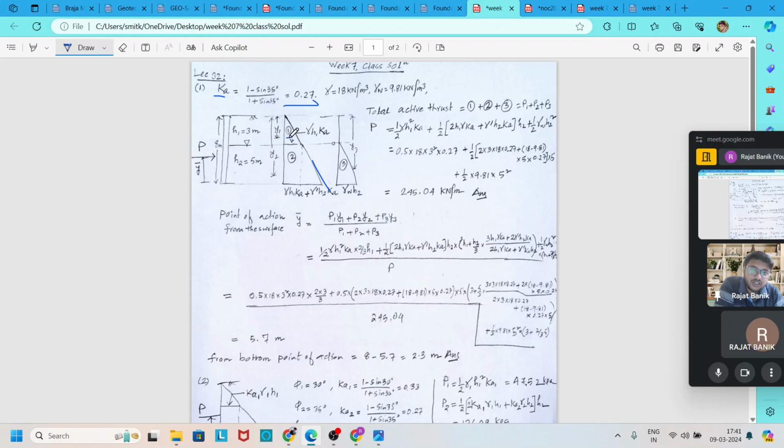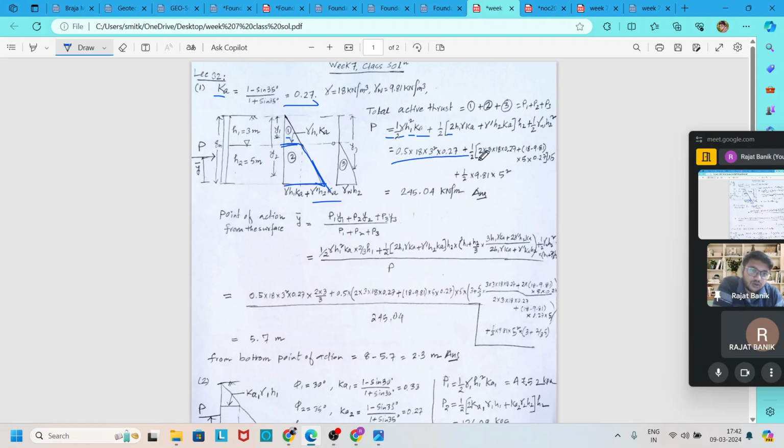The first is half gamma h1 square K, where K is the active earth pressure coefficient. Then area 2, I am considering it as a trapezoid, so it is half into gamma h1 K plus gamma dash h2 K, into height h2, plus half gamma w h2 square.